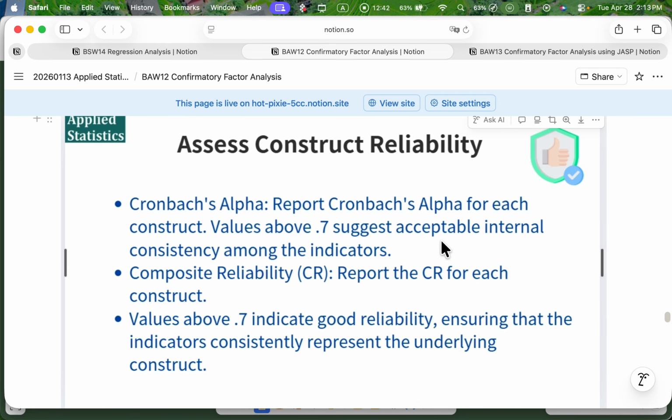Of course, we have mentioned the reliability about Cronbach alpha, but in CFA we can also report composite reliability. It's another type of reliability, called CR, but you have to run CFA in order to calculate it.